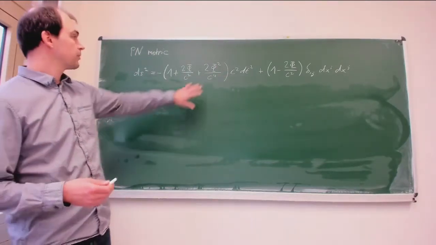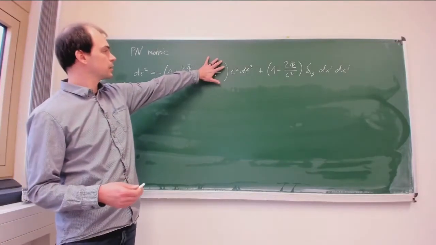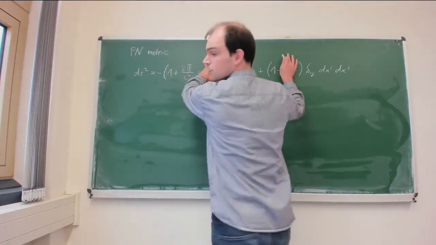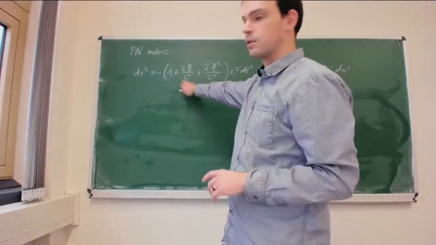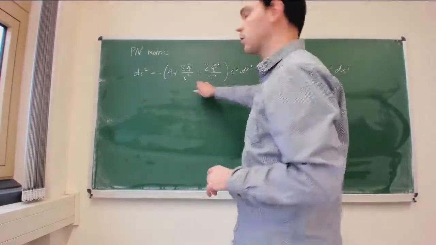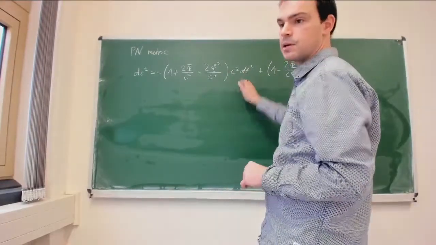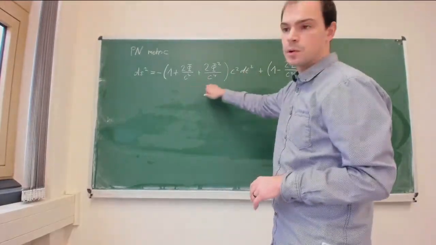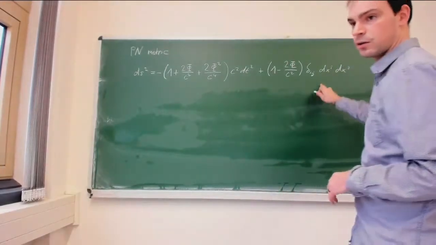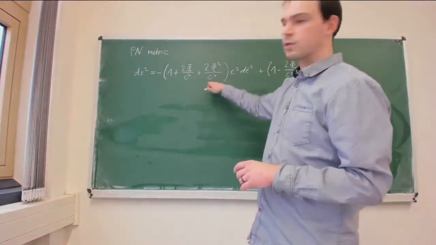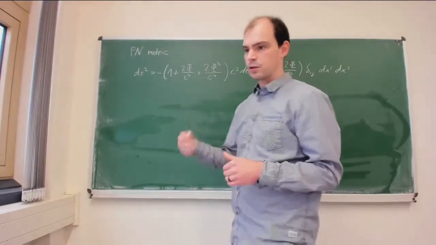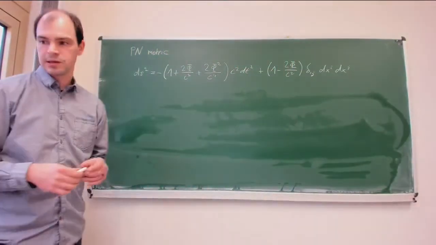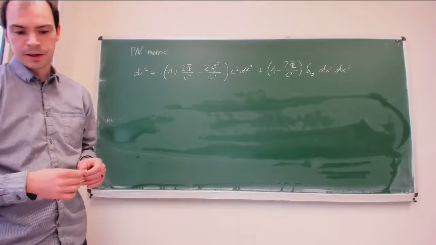If you only take the lowest order terms, you end up with exactly the Newtonian potential, which only enters in the time component. But now you go one order higher and include correction terms that are also expressions of this Newtonian potential. So it's the correction to the Newtonian potential at relativistic order.